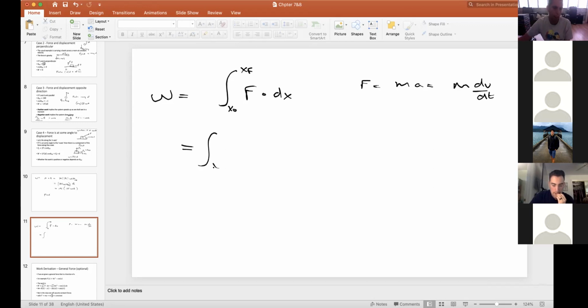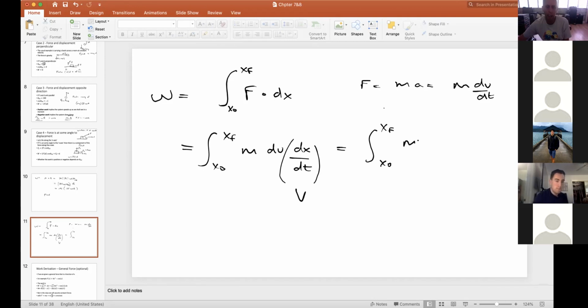So let's rewrite this as m dv dx over dt. This right here is v. So we write the integral from x initial to x final of mv dv.